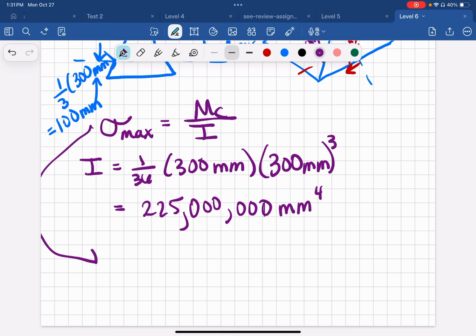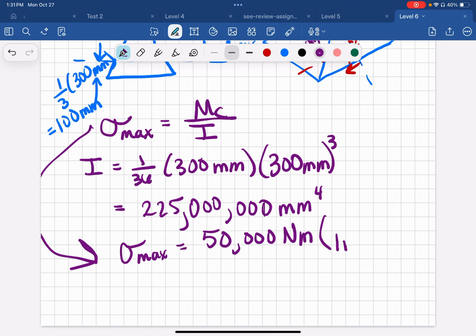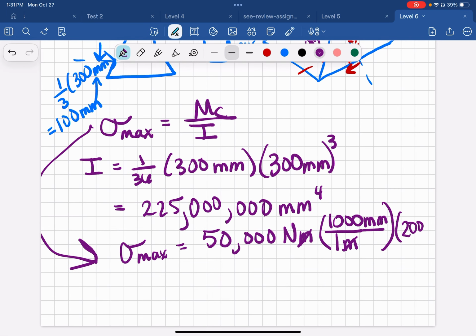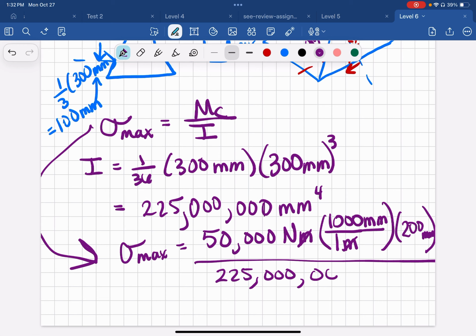So now we can take this equation. Stress max is going to equal M, which is that 50 kilonewton meters, so 50,000 newton meters. And then I want to change those meters to millimeters. So 1 meter is 1,000 millimeters. Those meters cancel out. And then times C, and C is that 200 millimeters, and then divided by that I, 225 million.